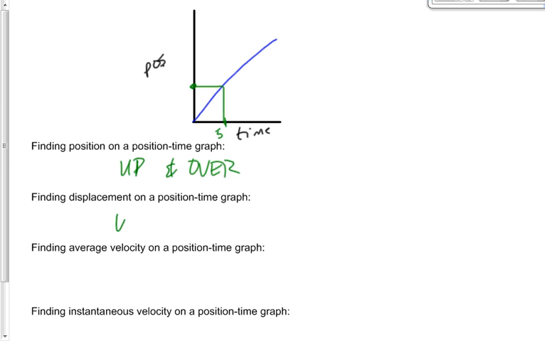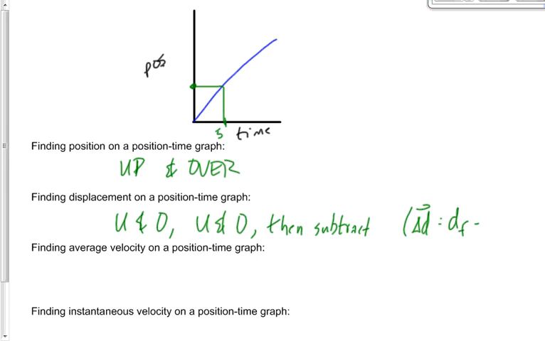It's up and over again, then subtract them. In other words, the displacement is the final position minus the initial position, which we learned about. Just not in the context of a graph, right?